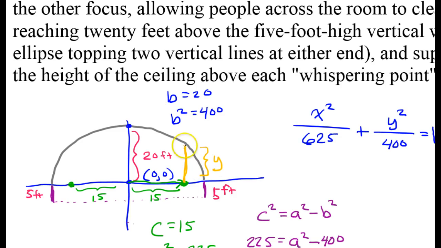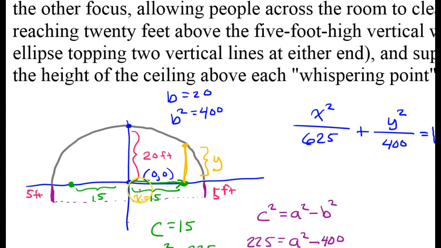Now, this is a y value, all right, because we're talking about height. Whereas this 15, the focus, we know the x value. Basically, the x value is going to be 15, because we're 15 to the right of the origin, and we're being asked what the y value is for this x value.